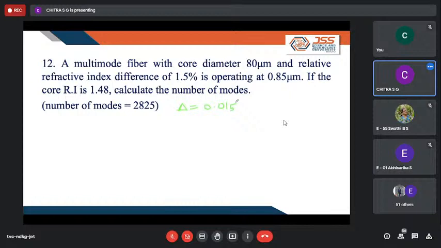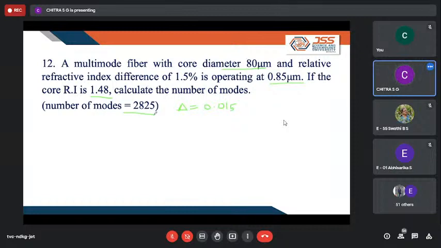And D is given, the diameter of the core, and this is the wavelength lambda, which is in micrometer. Wherever it is, you have to convert that into meter, and N1 is given as 1.48. So you have to calculate the V number and then calculate the number of modes.